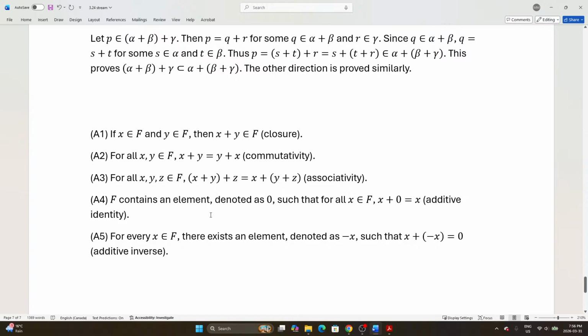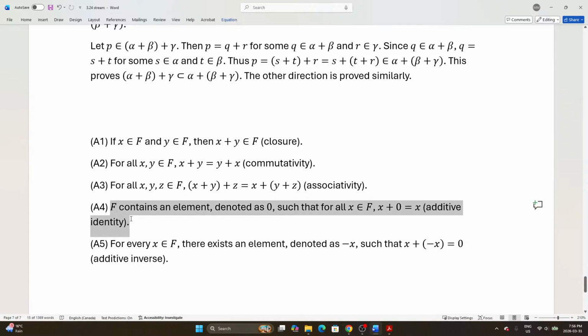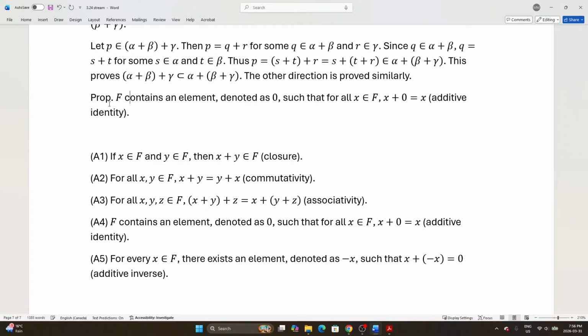A4, we need to prove the existence of the additive identity. Okay, so proposition: R contains an element called 0, denoted as 0, such that for all alpha in R, alpha plus 0 is equal to alpha.